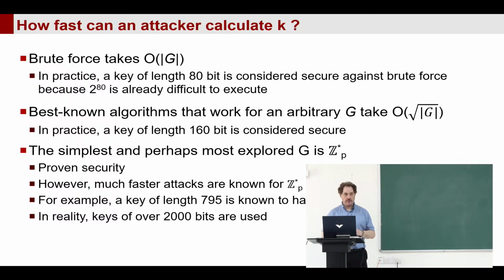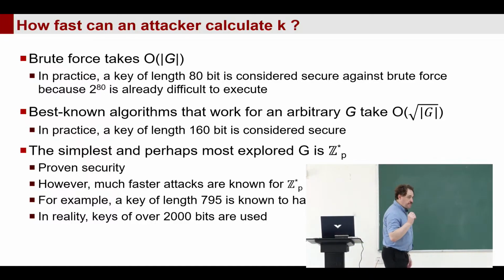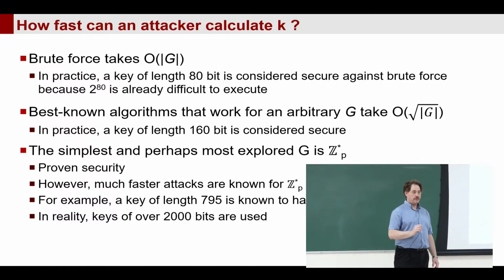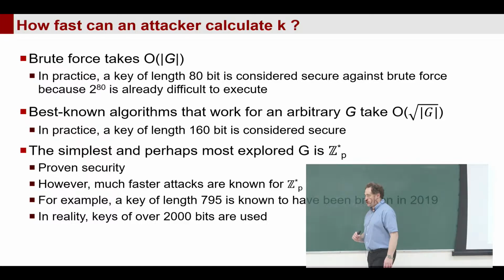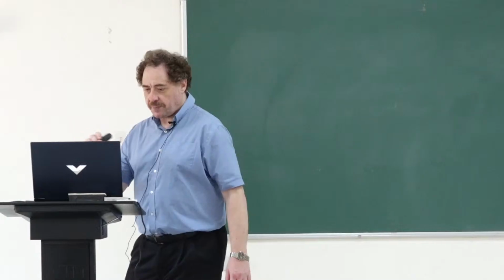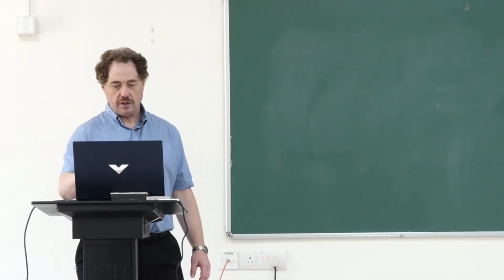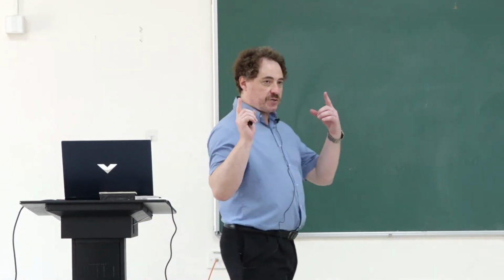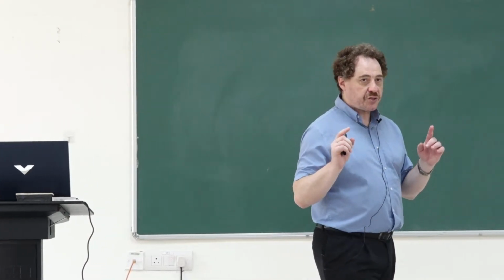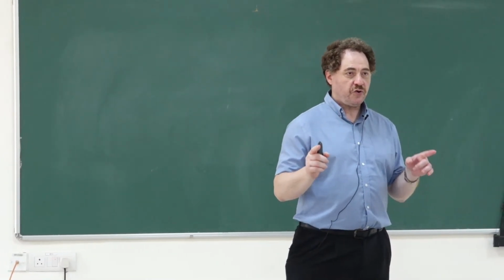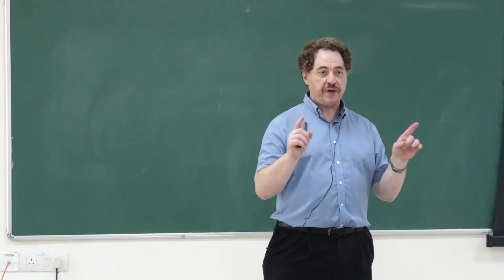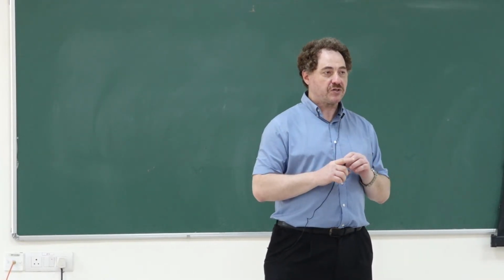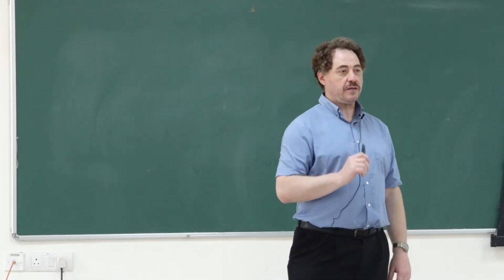What's the problem? The problem is that number theory gives the attacker much better tools than the general algorithm. The best known general algorithm takes order of square root of the size of G for the attacker. But that's the general algorithm. For specific groups, the attacker can do much better. And it turns out that for this group of numbers, the attacker can do much better.